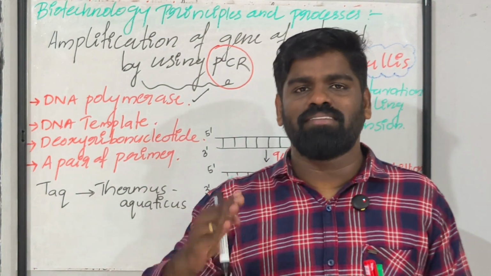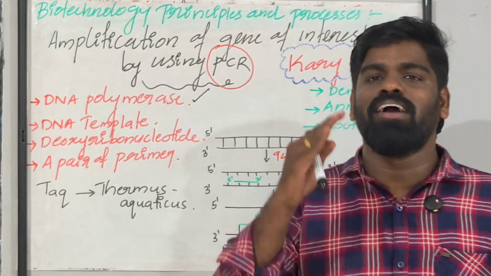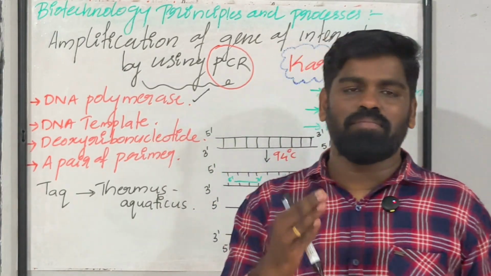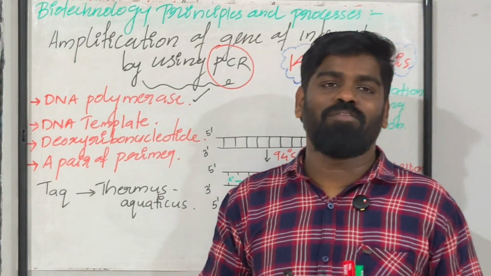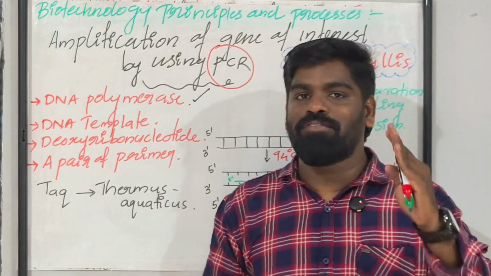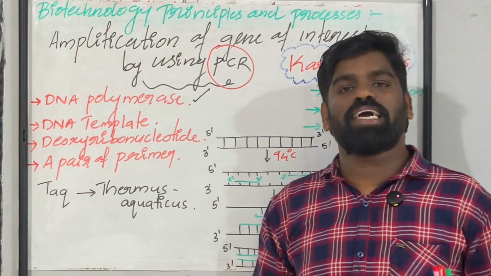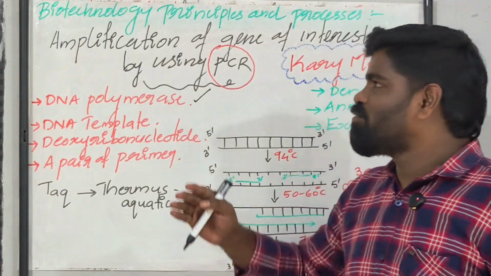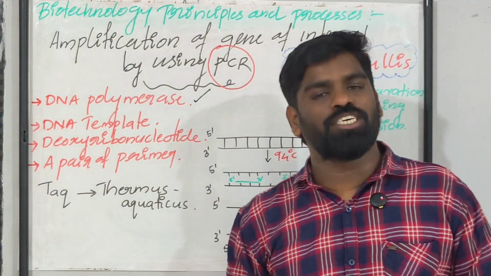Approximately 11 questions are asked continuously every year from this chapter. So this is also one of the important topics for the upcoming examination. Keep in mind PCR, polymerase chain reaction. We can start from this terminology itself, amplification of gene of interest.